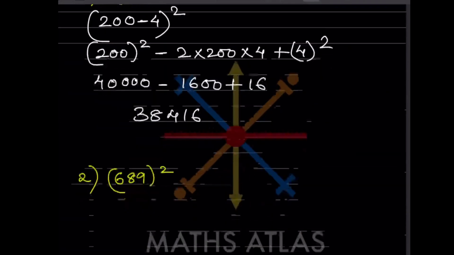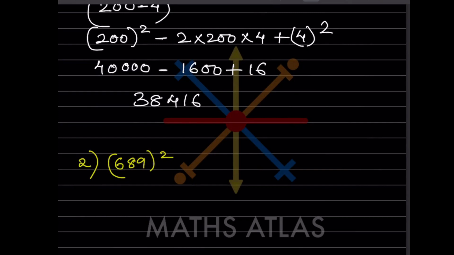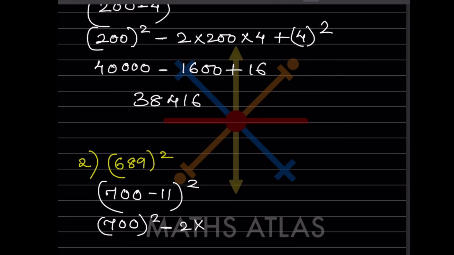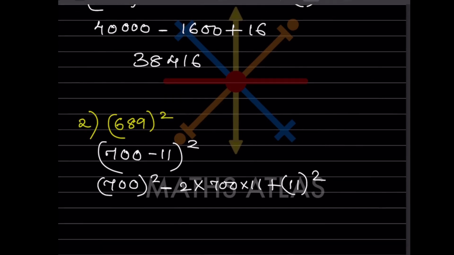38416. Now what will you do here? Here you are going to do 700 minus 1 whole bracket square. So this is going to be 700 square minus 2 into 700 into 11, plus 11 square. So 7 square means 49 and 4 zeros, minus, here you are going to multiply this together.